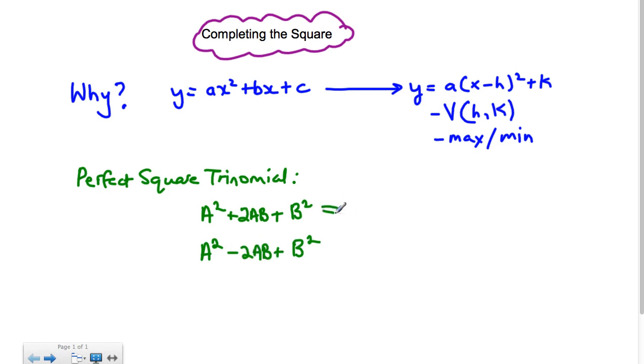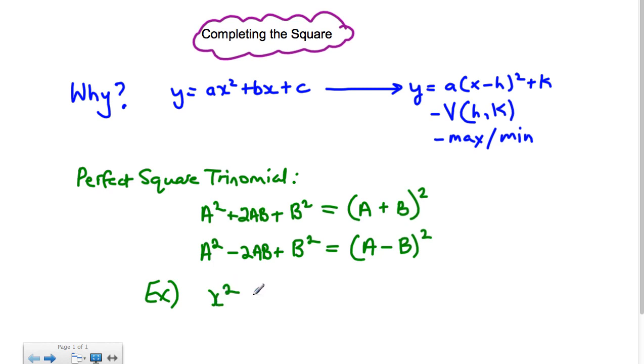And perfect square trinomials are nice, if you remember, because when we factor them, we just take the square root of the first, square root of the last, and square the whole factor. Or in this case, when there's a minus, square root of the first, square root of the last with a subtract sign in between. So for example, let's say I had x squared plus 10x plus 25.